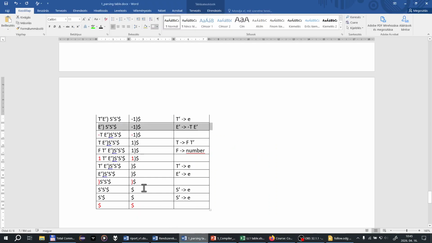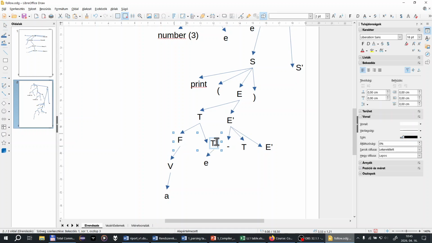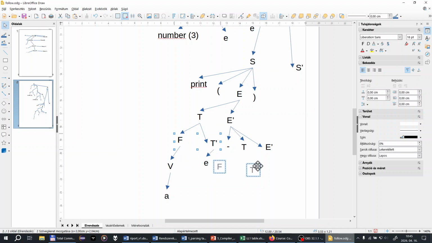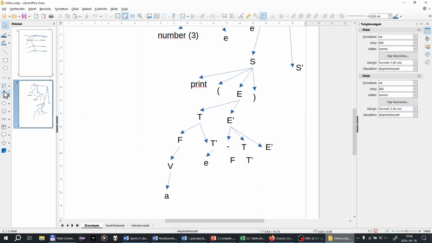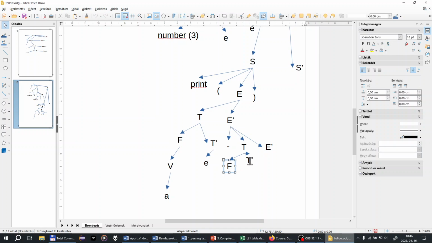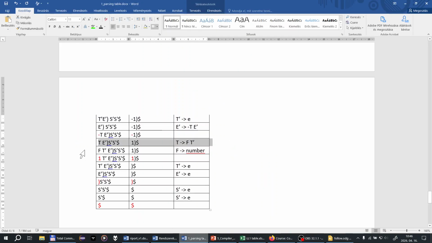And then T to FT prime. Okay, and then F to a number, which is in this case 1.